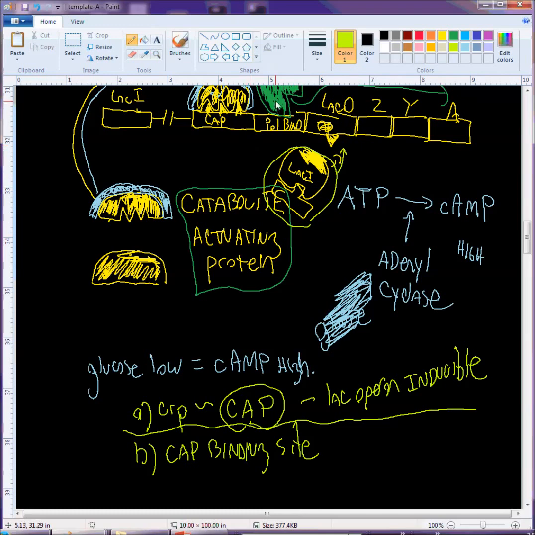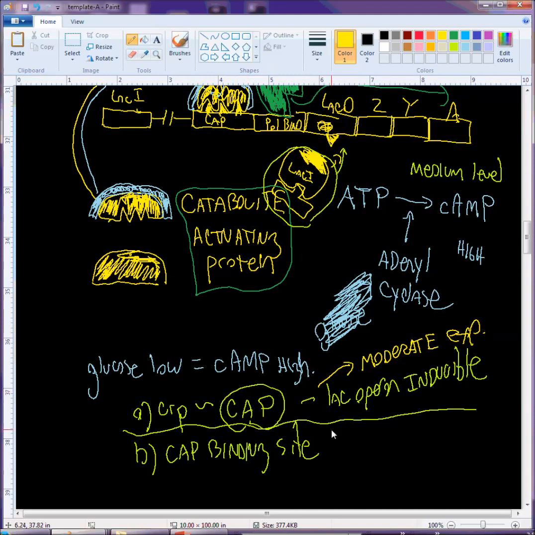So RNA polymerase is still going to transcribe, just at, let's say, a medium level instead of a high level. I'll write that down here: moderate expression when lactose is added. What about the CAP binding site? The CAP protein is there, but the CAP binding site is mutated.